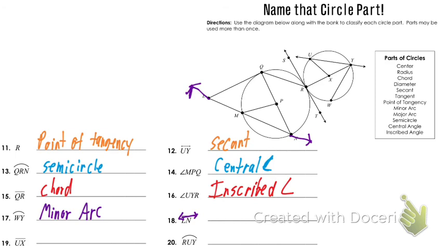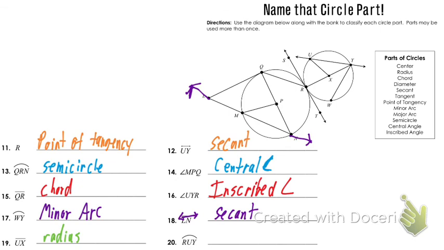Quentin. Would it be tangent? Not quite. Tangent intersects at exactly one spot. Does this intersect at one spot? Not quite. Kevin. It's a secant. It intersects at 2 spots. It contains the chord. 19. Segment UX. Billiam. Radius. You're right. It's one of the radii.